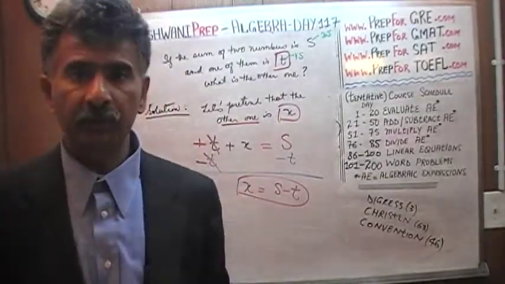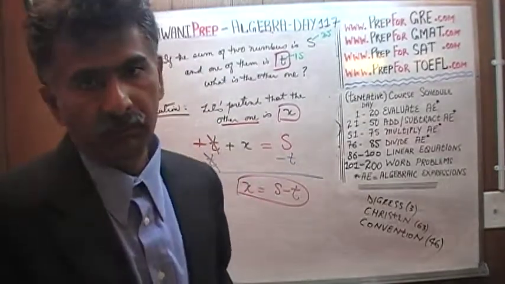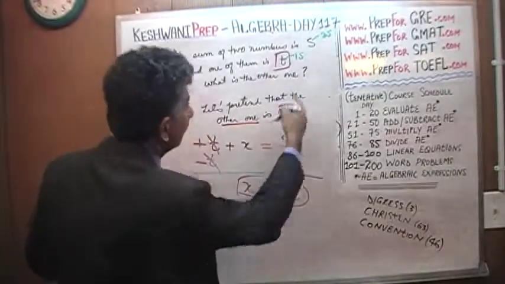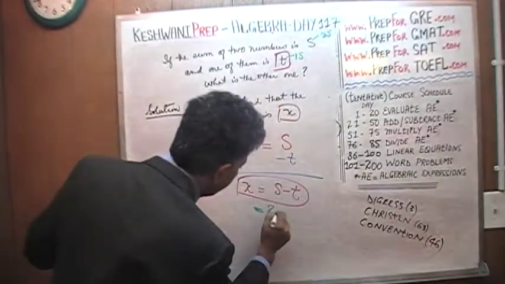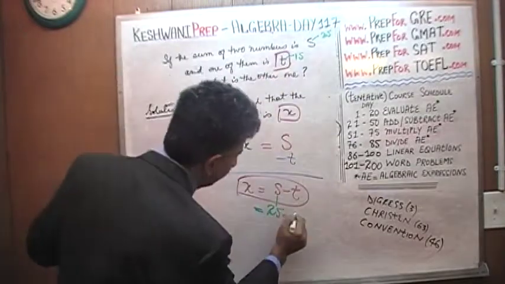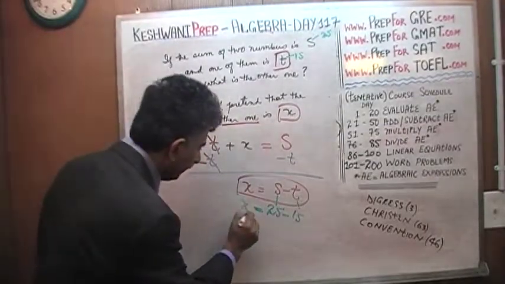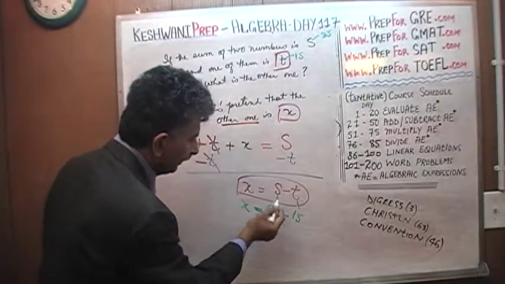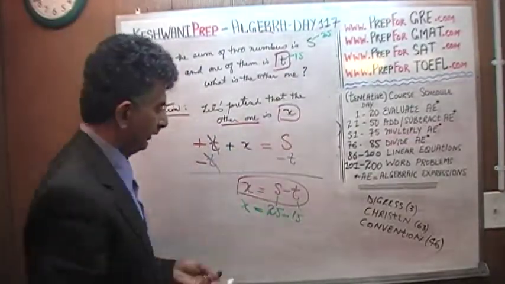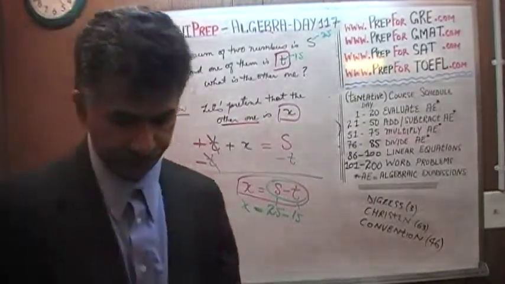Well, it's a simple arithmetic question. The other one would be 10. The other one would be the 25, which is your S, minus T, which is 15. It makes sense. 25 is your S right there, and T is your 15. The answer is S minus T is the other one.